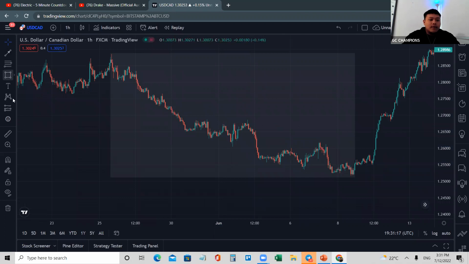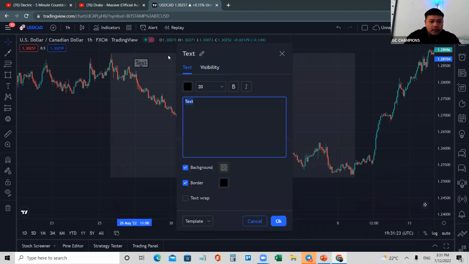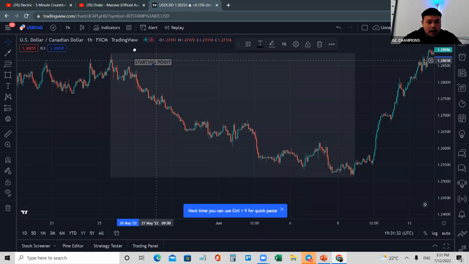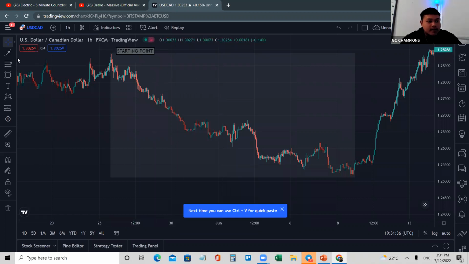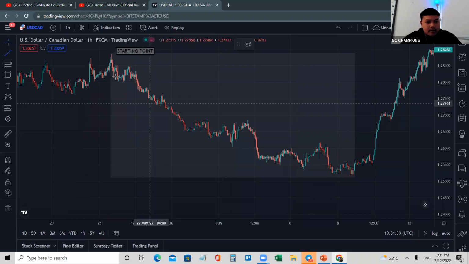So we're gonna be putting in the text again. This is gonna be our starting point, up to here. And then from there, that first movement, the first movement going down to somewhere here, I believe.